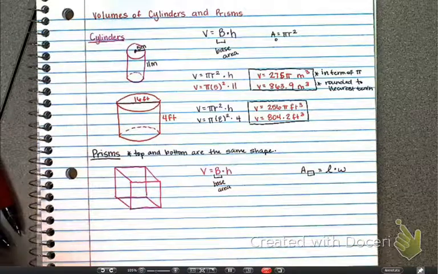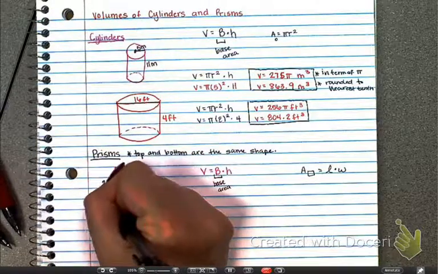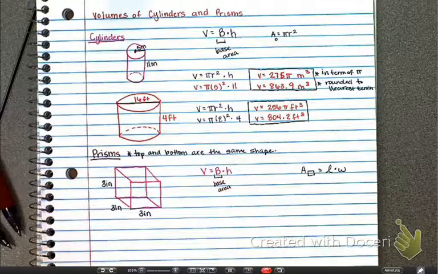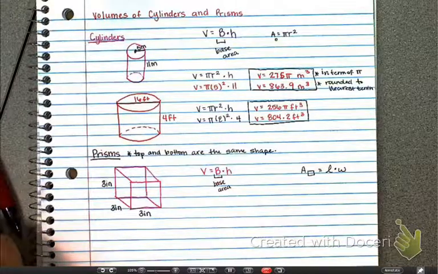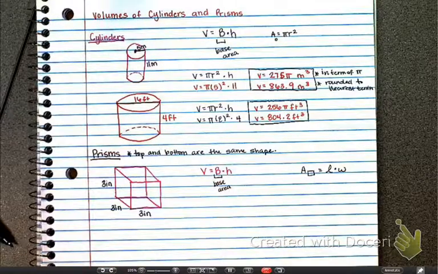Okay, so I'm going to give you this prism has these dimensions. That's 3 inches. So if I want the volume, well, actually, before I even ask that question, can you tell me what shape the base of this prism is now?